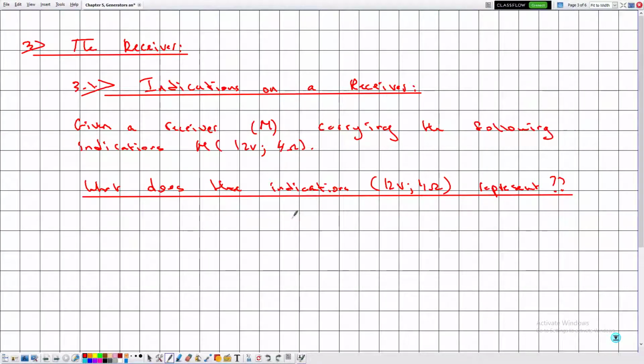Now 12 volts has another important meaning, and let me write here: 12 volts is the back electromotive force, which is the minimum voltage required or needed by the receiver to operate.